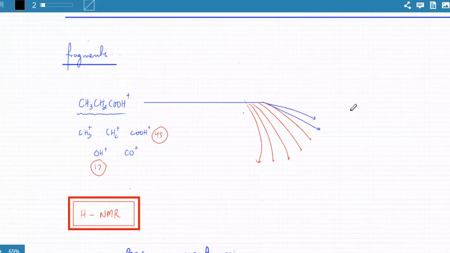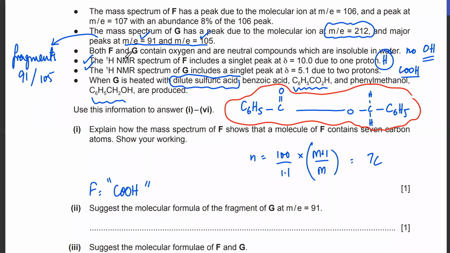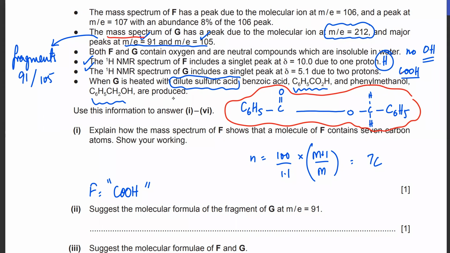So you get molecular ion peaks, which are really heavy, and the deflection gives you an idea about the mass of the particle. So you have this molecular ion and these tiny fragments. Now he's saying that the mass spectrum of G has a peak due to the molecular ion at 212.